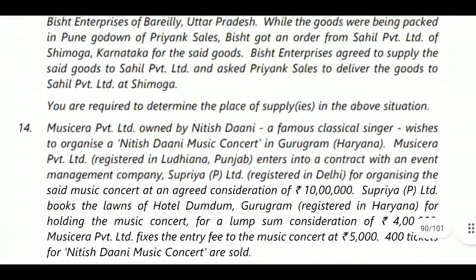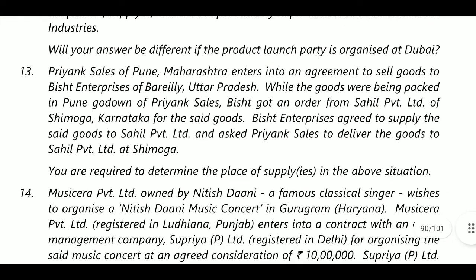Next, question number 13. Priyanka Sales of Pune, Maharashtra enters into an agreement to sell goods to Bishat Enterprise of Bareilly, Uttar Pradesh. So the supplier is Priyanka Sales and Bishat Enterprise is the recipient, while the goods are being packed in the Pune godown of Priyanka Sales.